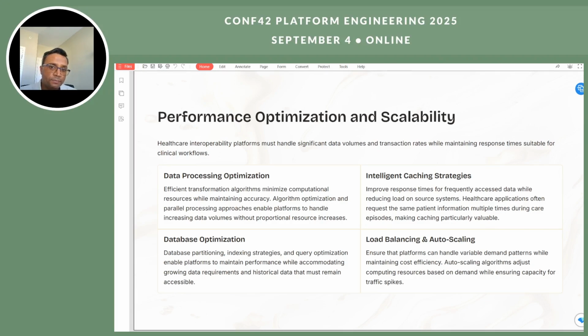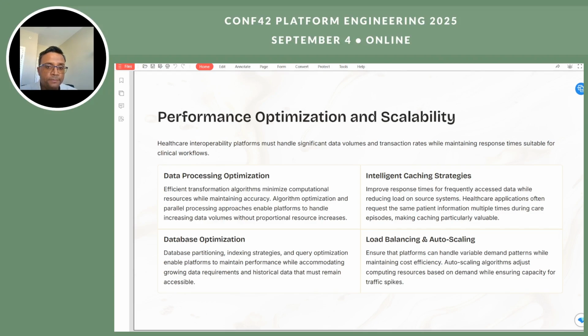Efficient transformation algorithms minimize computational resources while maintaining accuracy. Platforms also need parallel processing approaches for increasing data volume. There are also intelligent caching strategies to ensure that the same or similar data is cached within the system and not processed repetitively.